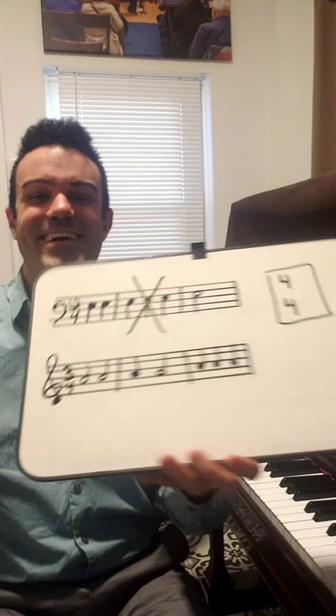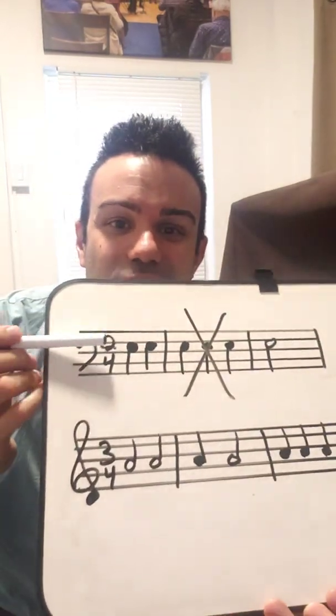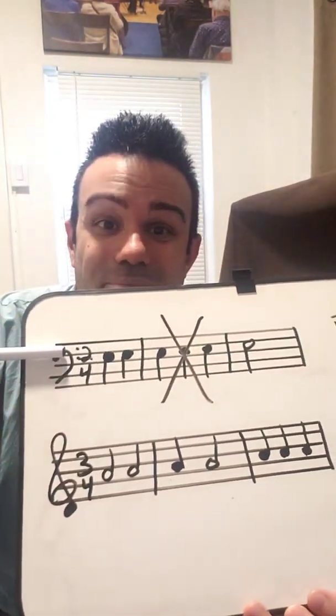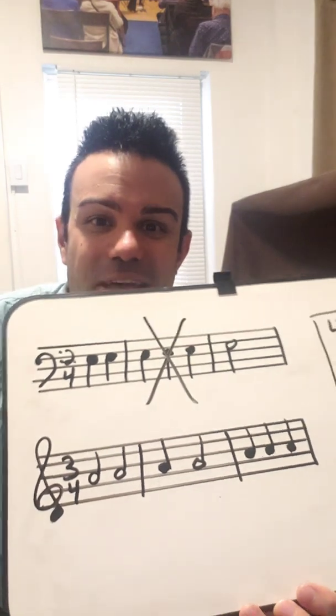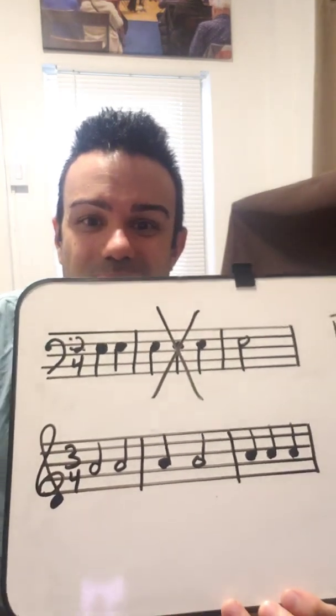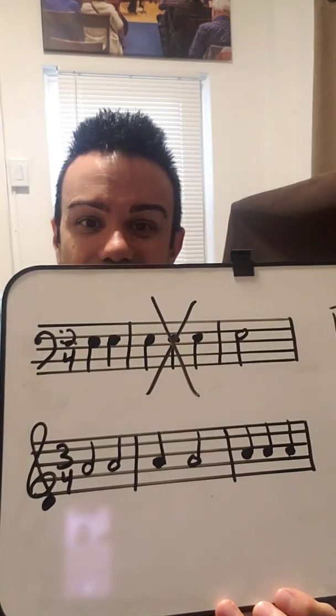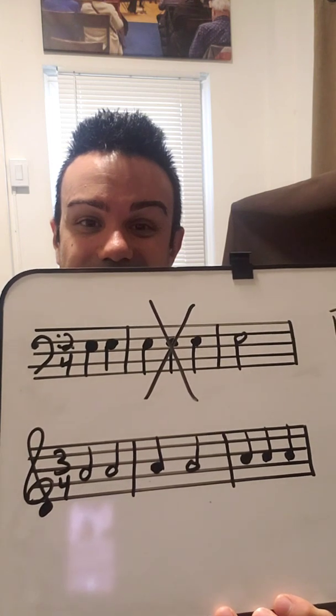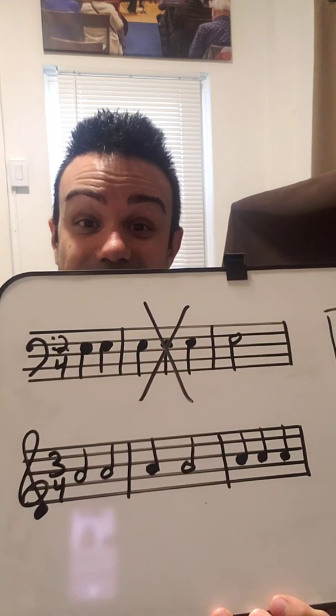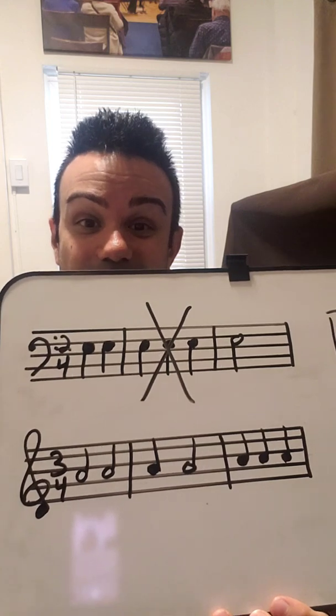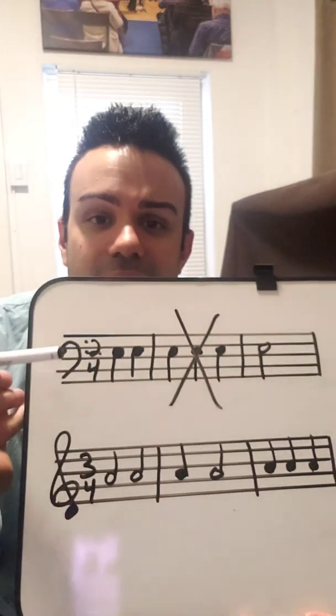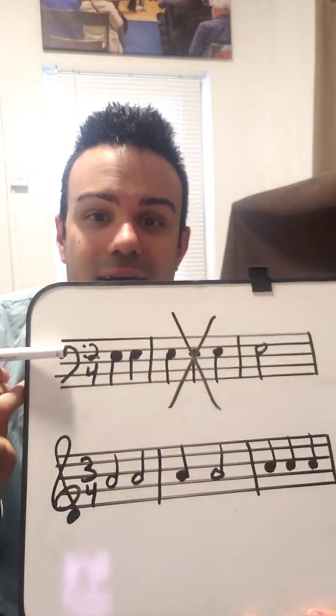Bonus question. Now this is bass clef, right? They're all the same note. What's the letter name of that note? E, right? Why? Because don't forget that 4th line, right?